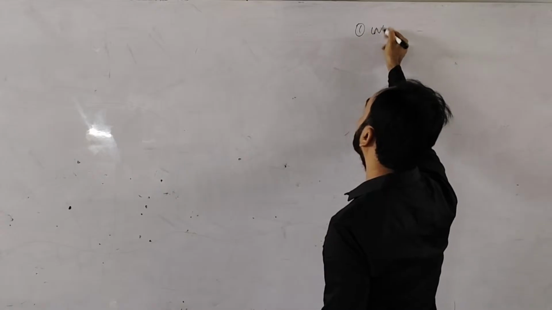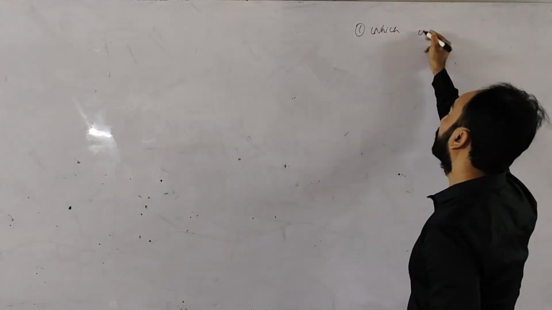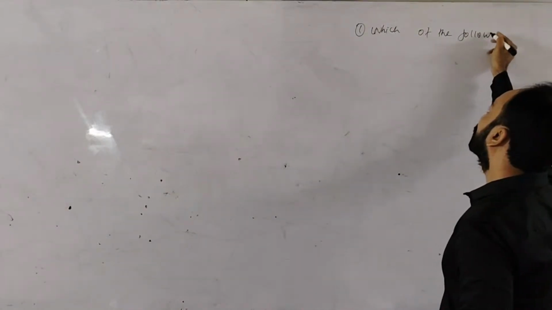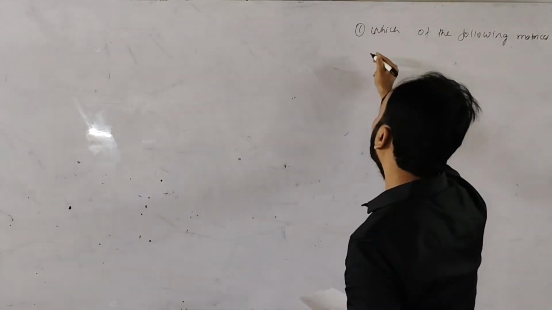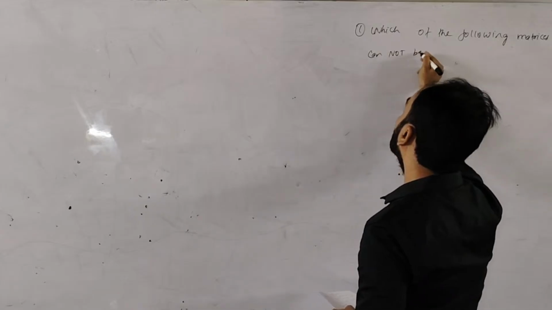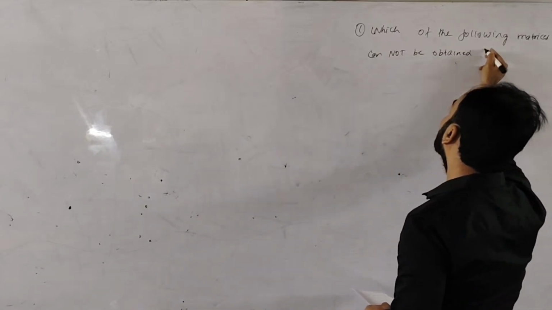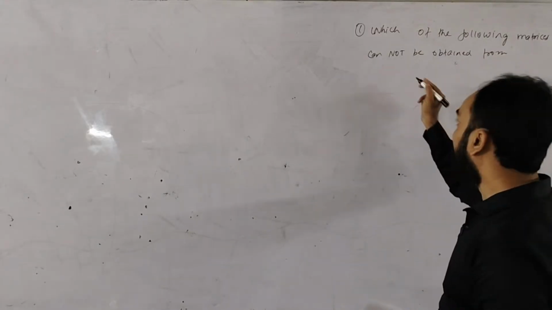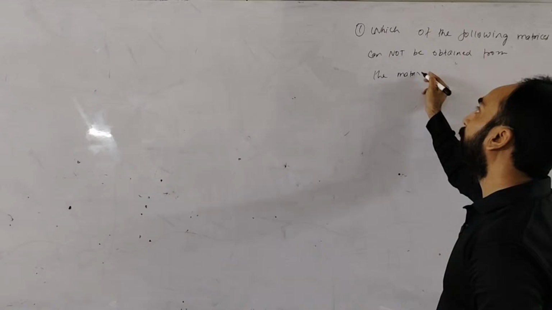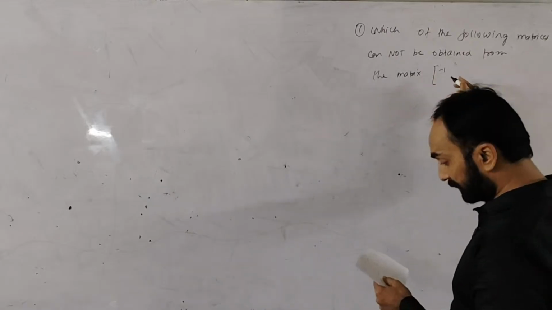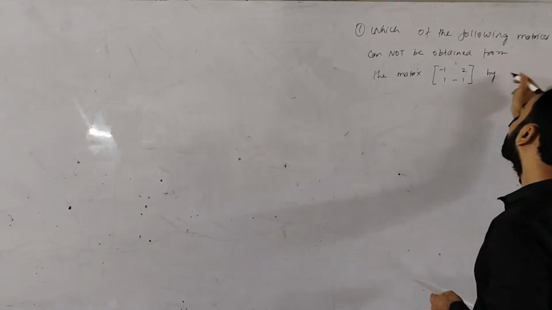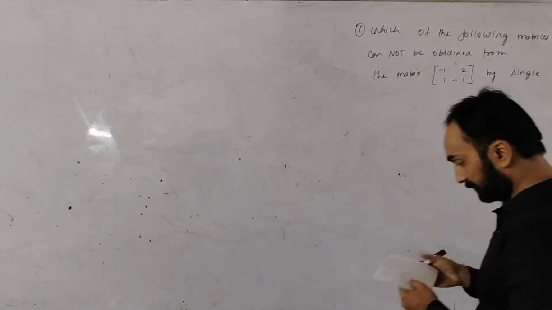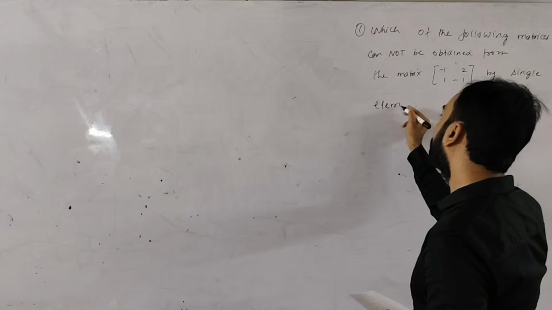So we'll start with the first problem, and the first problem is: which of the following matrices cannot be obtained from the matrix [-1, 2; 1, -1] by a single elementary row operation. So what operation can we perform?